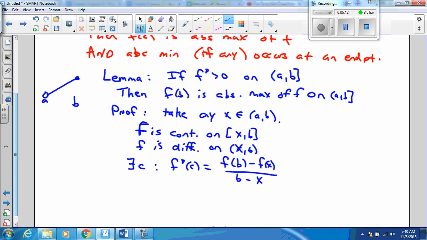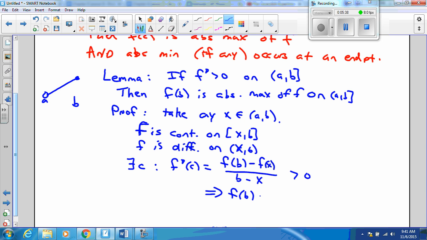Now, what can we conclude about this? What we're trying to get to is that f of b is the absolute max here, which would be true if f of b is bigger than all of the f of x's. Is that so? Well, we know that f prime of c is positive, and we also know that b minus x is positive because b is the right-hand endpoint of that interval.